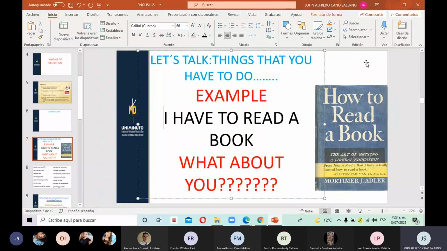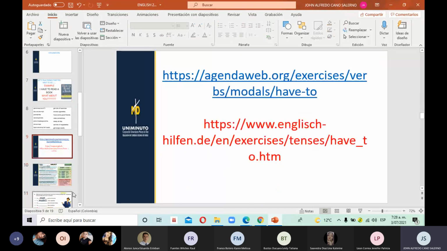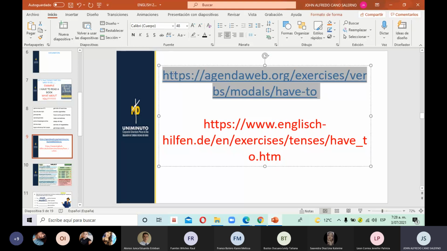So don't forget, I have to, it's like a yo tengo que, okay? Here we have two activities. The first activity, we are going to give the answer in this moment, and the second activity is like a quiz, okay?